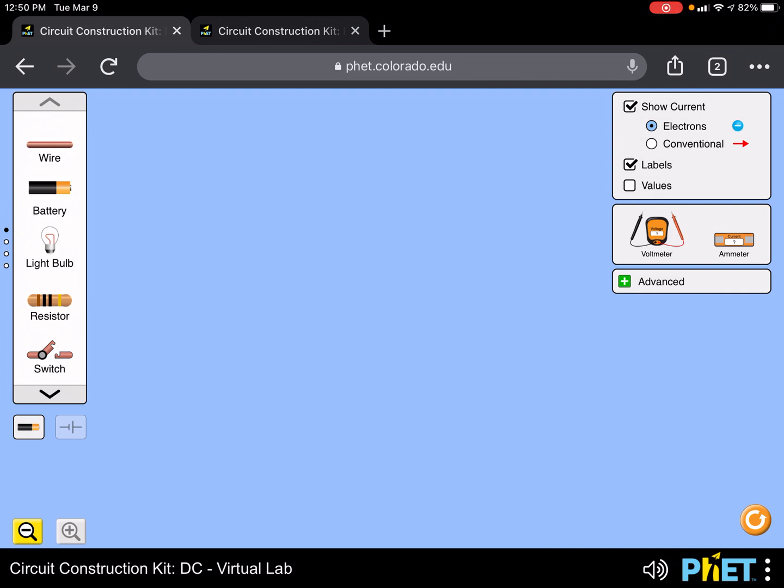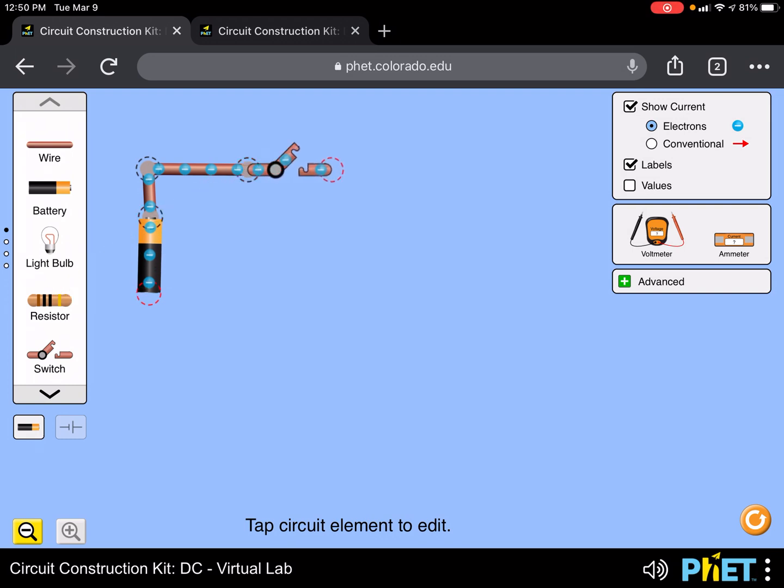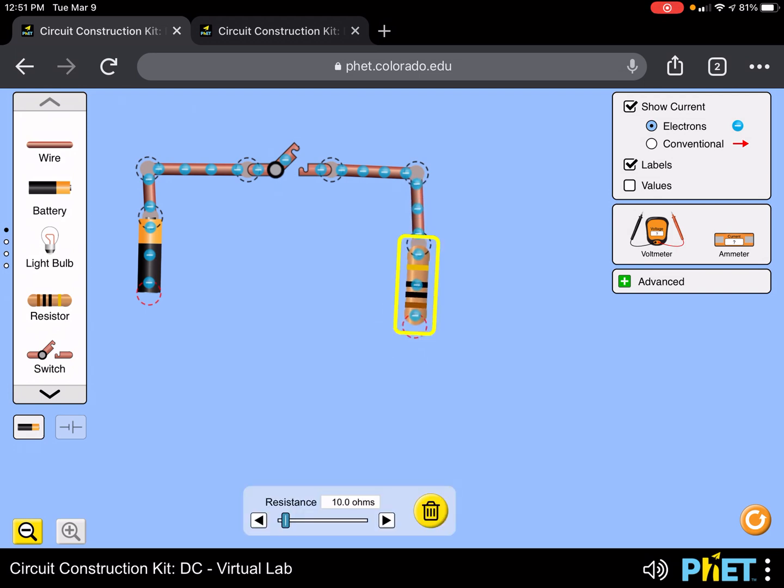Here, let's go ahead and build a circuit. I'm going to attach a resistor here. And if I tap on the resistor, I can see its value is 10 ohms, which is fine.